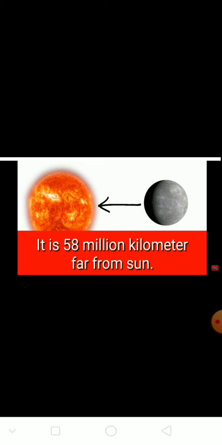See in this picture, the Sun and planet Mercury, with a distance of 58 million kilometers between them. Its surface has many holes and hills.